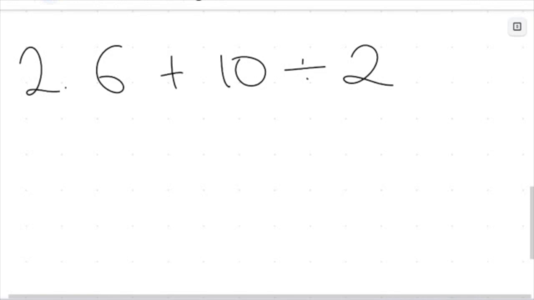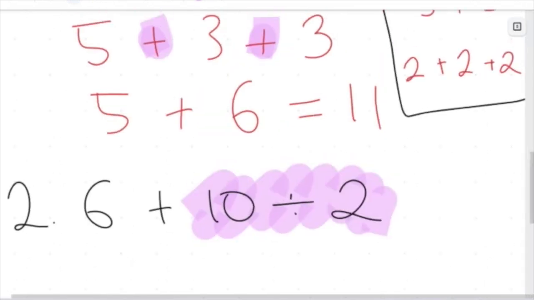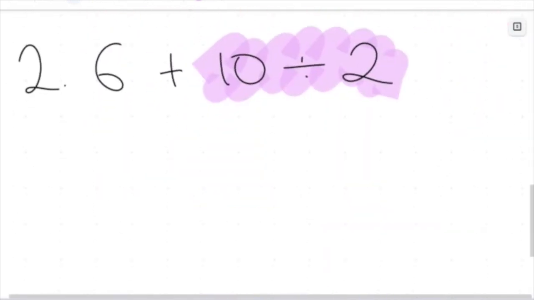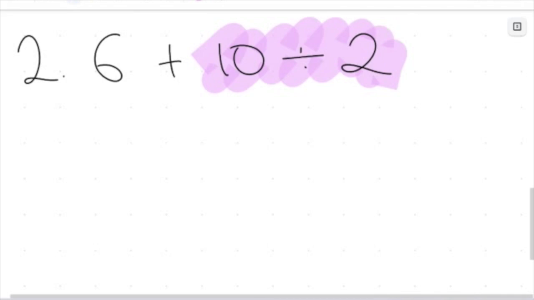So with these things here, I want to work first with my division, because we said before that what everything ended up being reduced to was adding right at the end from this first example. So I'm going to, in working with this question, do my division first. If I divide 10 by 2, what does that give me?